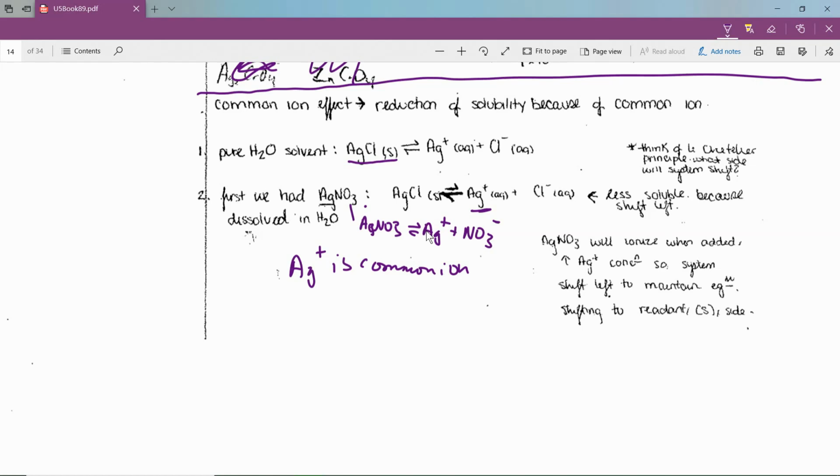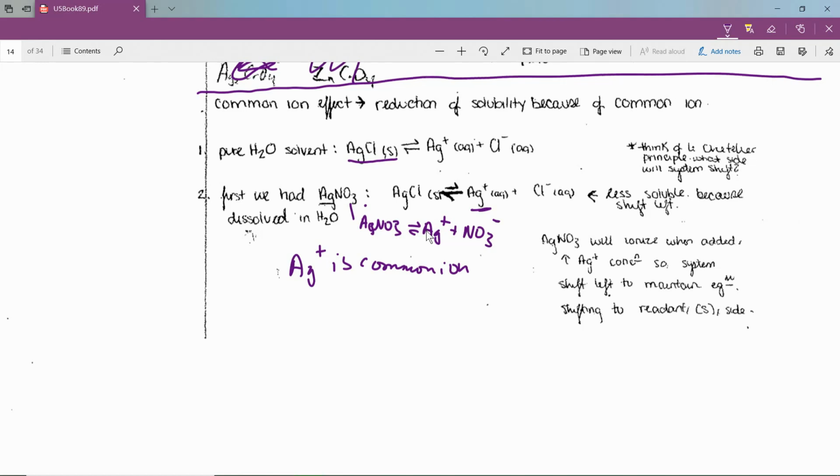And then the AgCl goes to Ag+ and Cl-, doesn't dissolve as easily. So Ag+ is the common ion, and if you have it there, you can dissolve even less of the AgCl. Another way to think of it is starting with the AgCl and then dumping in the AgNO3. That will cause more AgCl to precipitate out. Equilibrium will shift to the left, and that's from our friend Le Chatelier's principle, right?